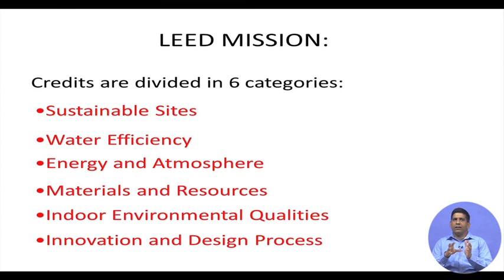For each category, they score based on how you perform. There is a standard template, a standard questionnaire and set of forms that need to be filled in. The same set of forms is used throughout the world, so you have uniformity in terms of which buildings are LEED certified.